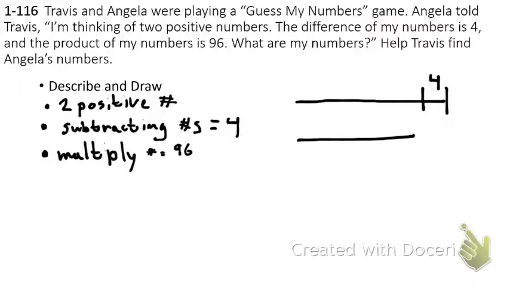Now, as far as the product goes, showing that on this number line would be a little bit tricky. We don't quite know just how to do that. So this one, drawing is a bit trickier, but at least we've described out very specifically all the important information that's going to help us to solve this.